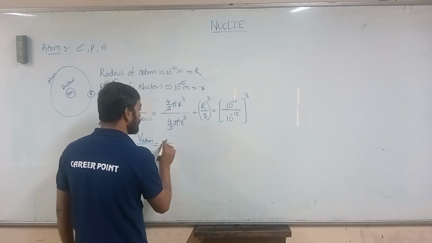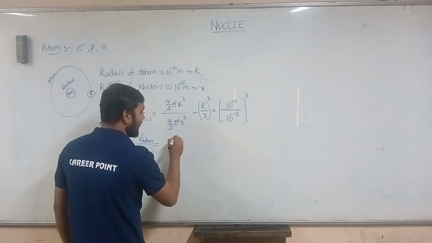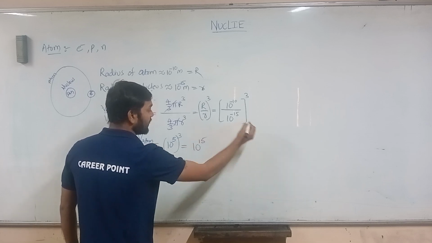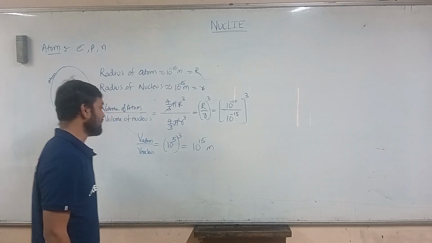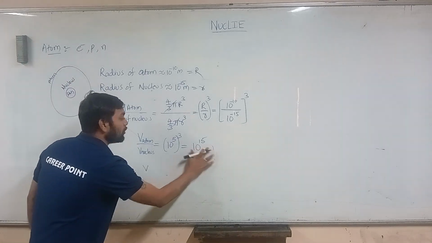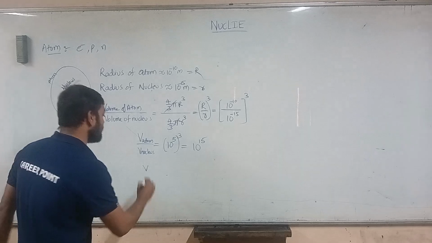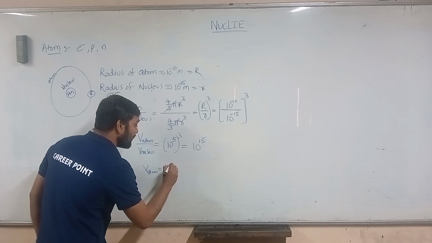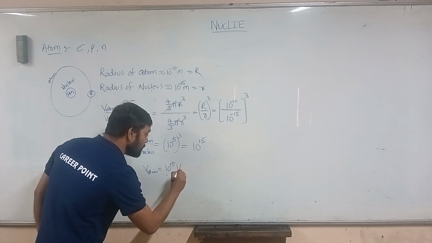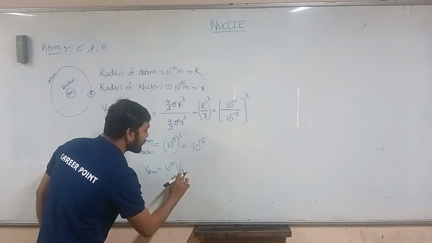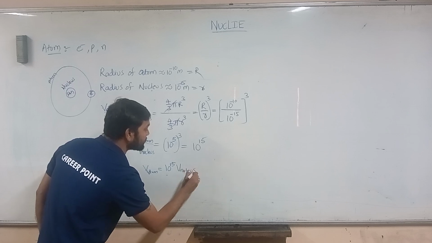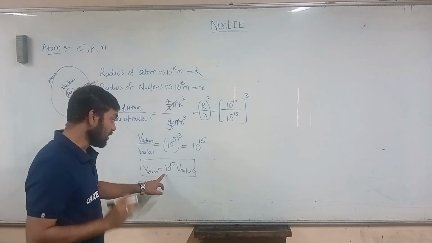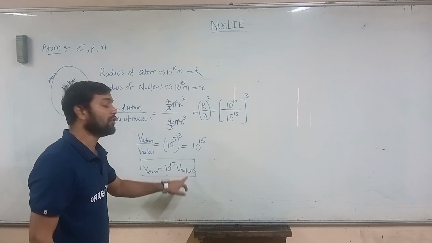Taking the power 3 and moving 10 power minus 15 upside, we get 10 power 5 whole power 3, which is 10 power 15. It is a volume ratio, so no meters here. The volume of the atom is equal to 10 power 15 times the volume of the nucleus.